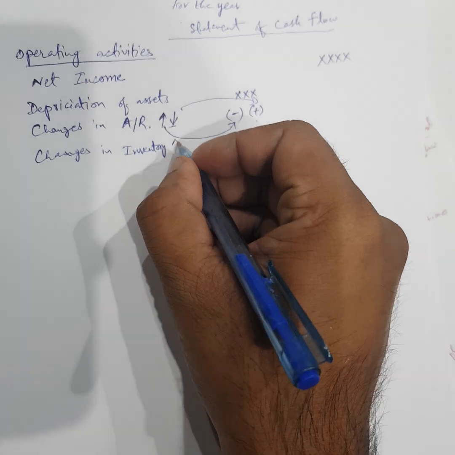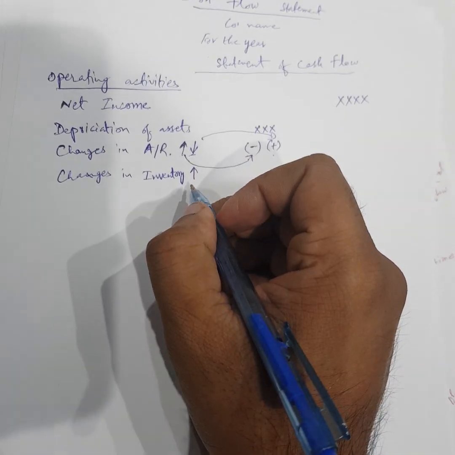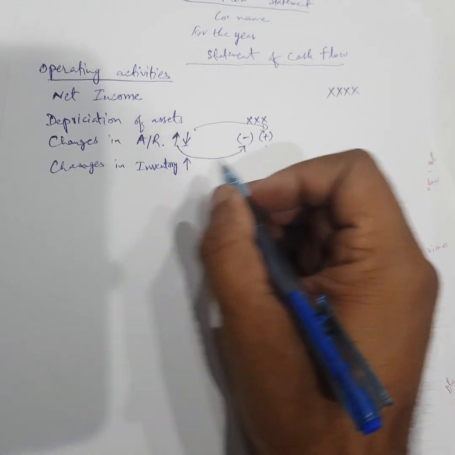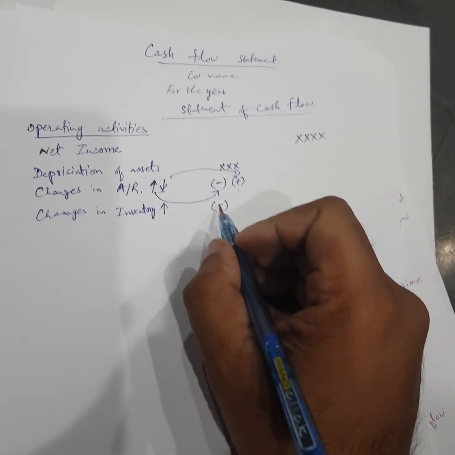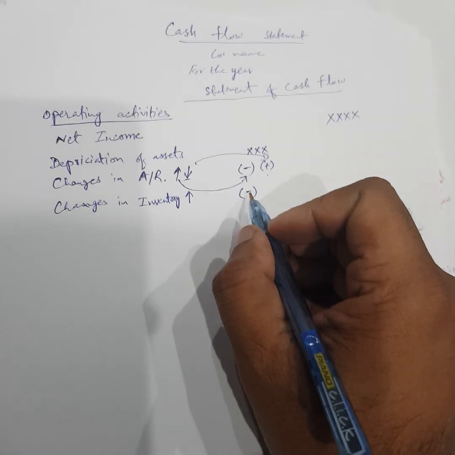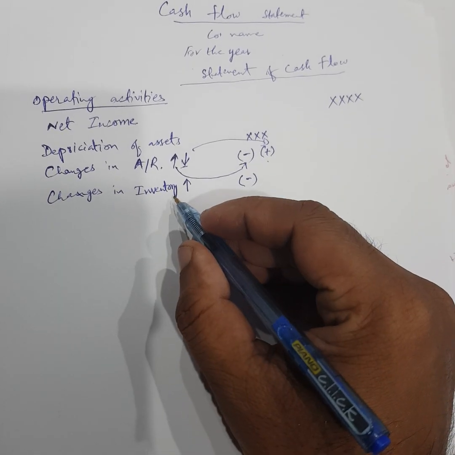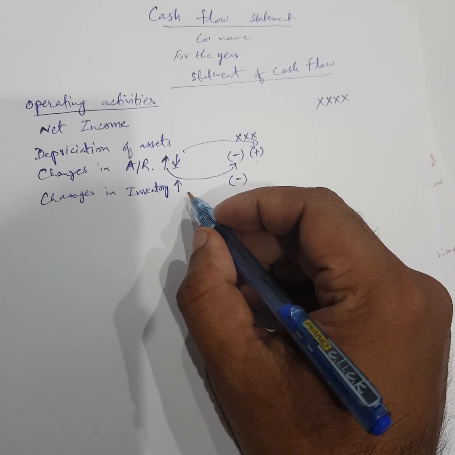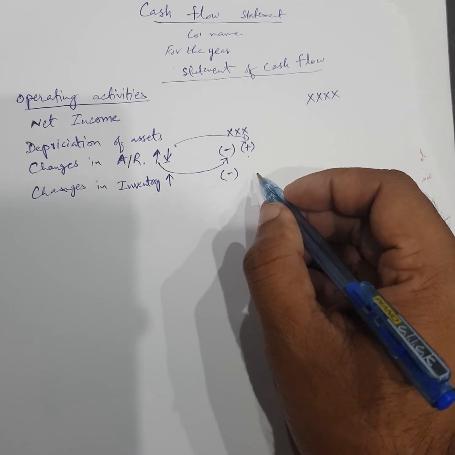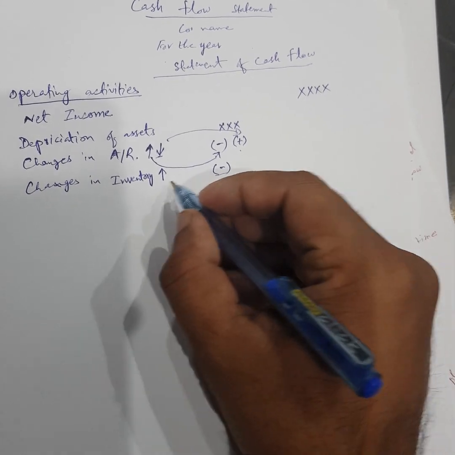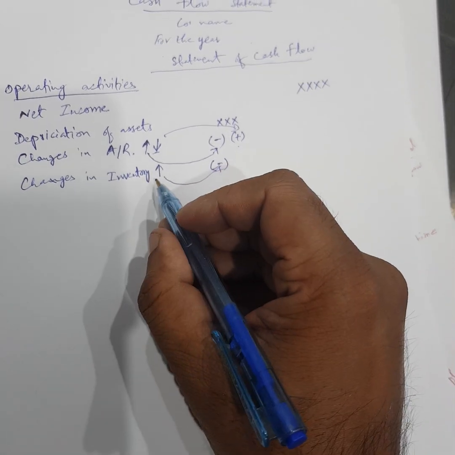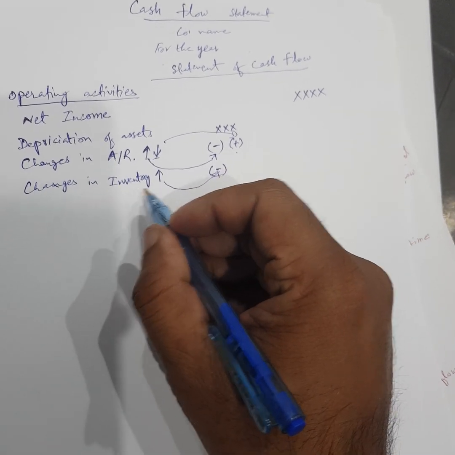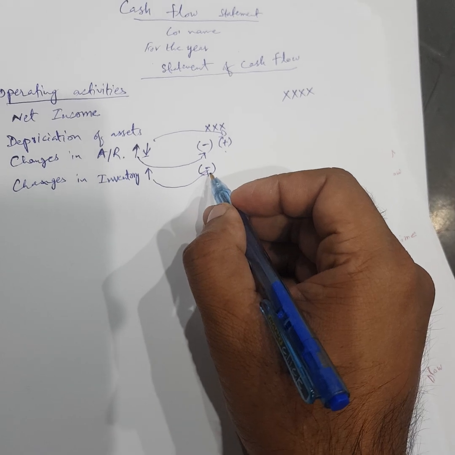Whenever we purchase inventory, the increase in inventory will create a cash outflow, because whenever we purchase inventory we have to give the cash. That will be our outflow. With the purchase of inventory, our inventory increases and the cash goes out.